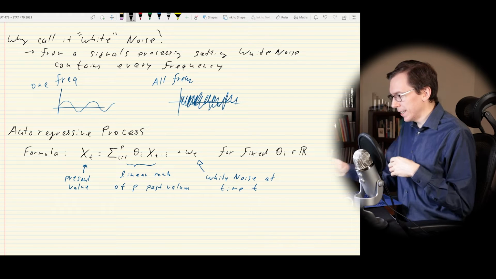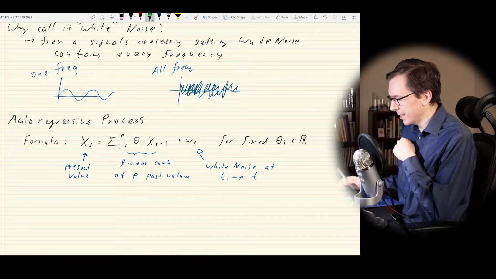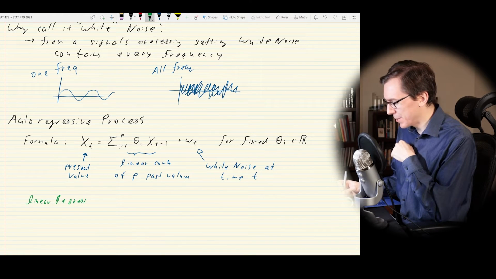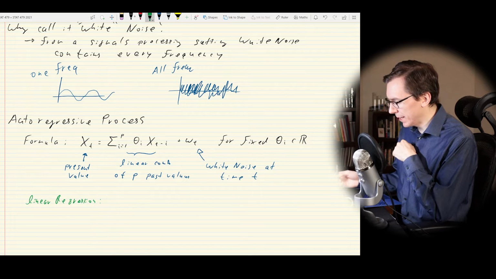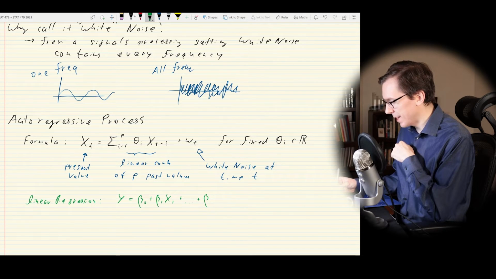In contrast to linear regression, which I'll write in green here to help with your intuition when you learn time series for the first time: in linear regression, we would have some response variable y, which would be a linear combination of independent variables x_1 through x_p, plus some noise, epsilon.